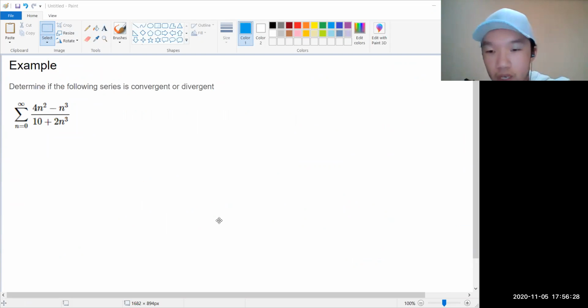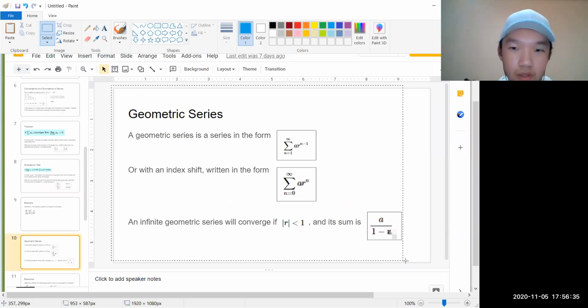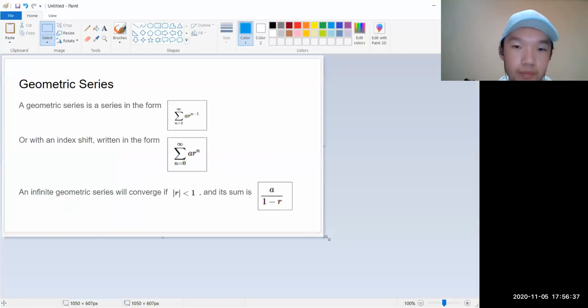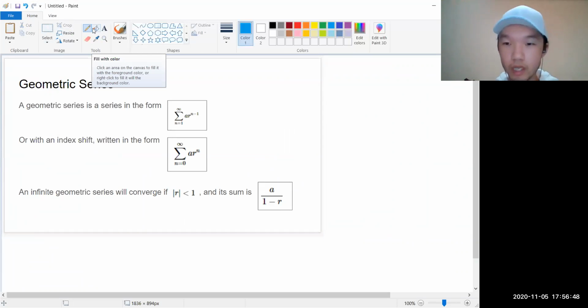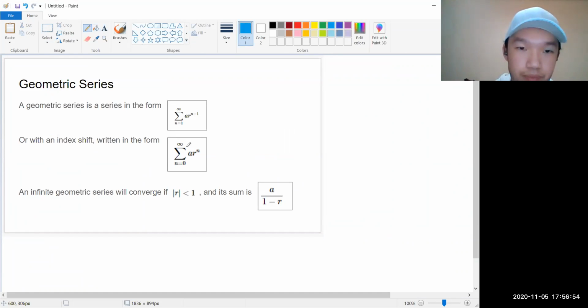Okay, yeah. How would you find the sum that it says on the last part of the last line? A over 1 minus r.